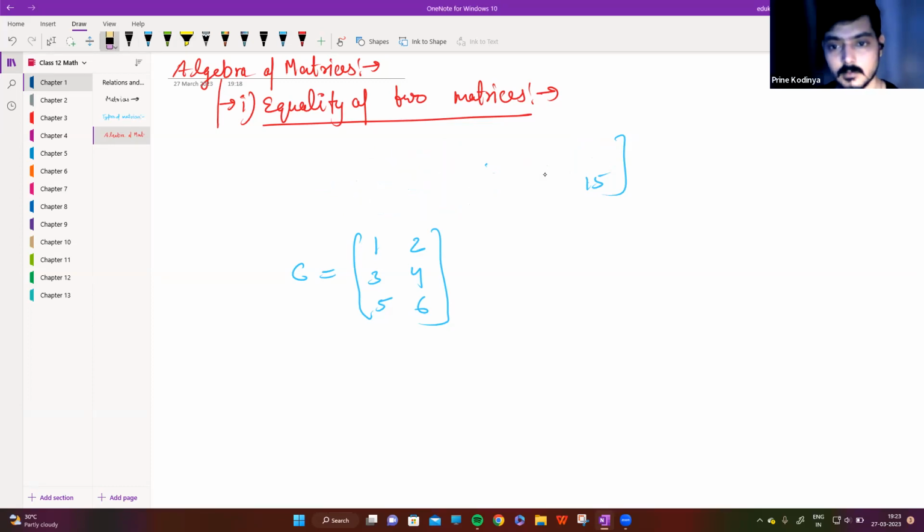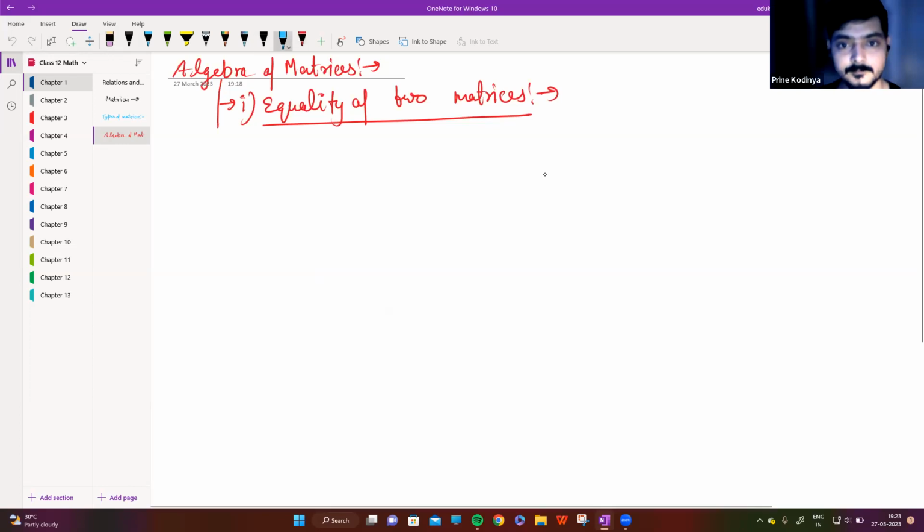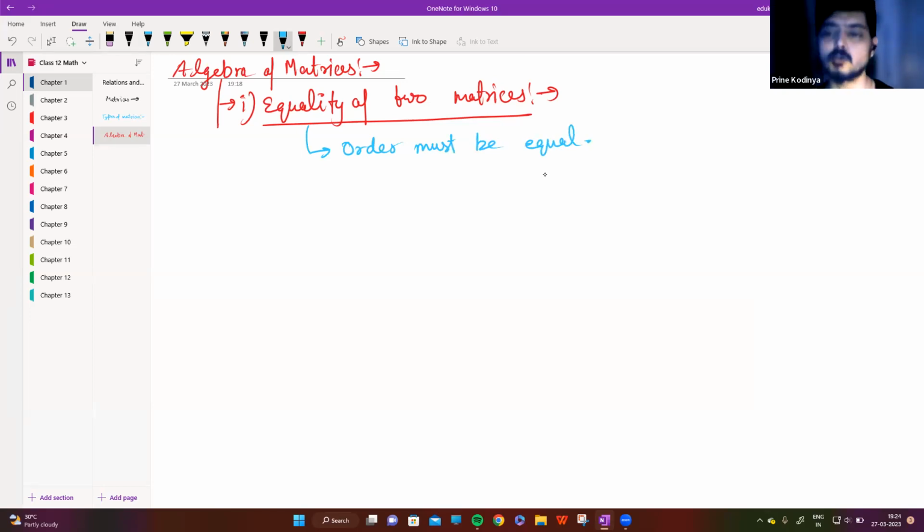Let me erase them because that was only for your understanding. So if you talk about equality of two matrices, for two or more matrices to be equal, their order must be the same.